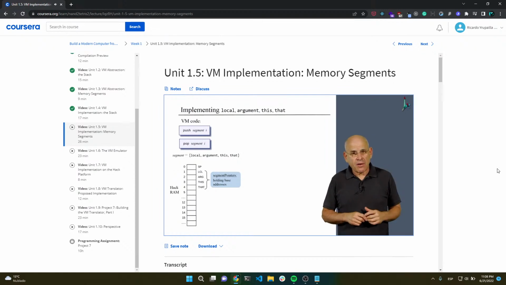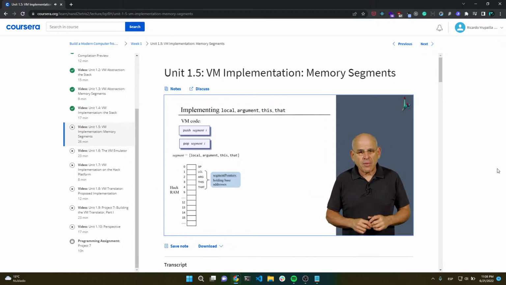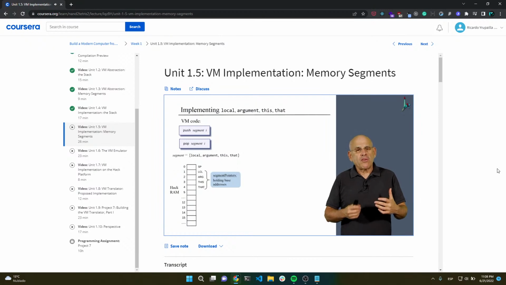In addition to the stack pointer, which is always available, we are now also going to use four pointers, which are called LCL, ARG, THIS, and THAT.